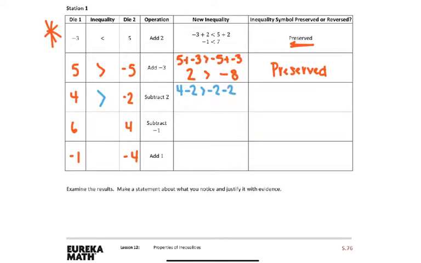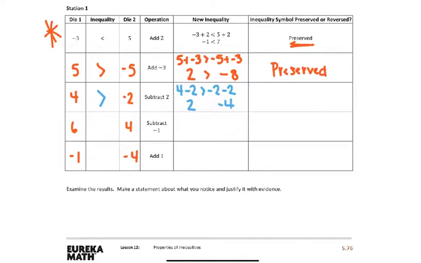And now I'm actually going to carry out the subtraction on both sides of my inequality. So on one side, I have 4 minus 2, and 4 minus 2 is 2. And on the other side, I have -2 minus 2. And when I take -2 and subtract 2 from it, I get, again, another larger negative number. So -2 minus 2 is -4.